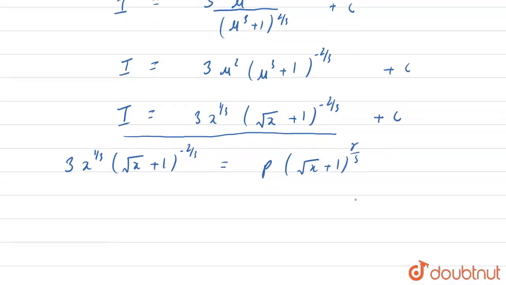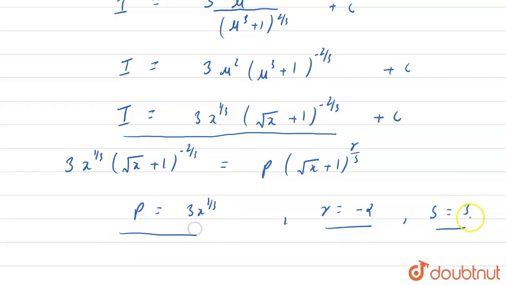Now if we compare this, we get that our p is equal to 3 s to the power minus 3, and our r is equal to minus 2, and our s is equal to 3. So this is the value of p, r and s.